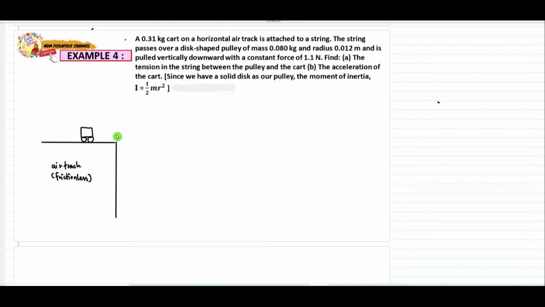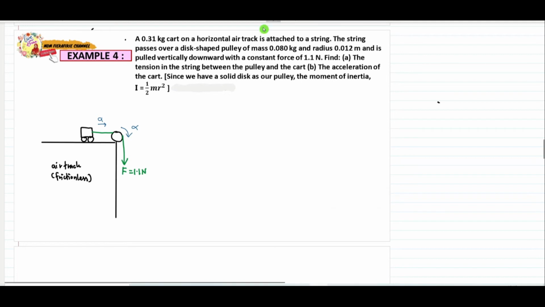And then we have a pulley here, and then we have a string. And we pull the string downward with an external force of 1.1 Newton. So that means the cart will move to the right with an acceleration of A, and the pulley will rotate in clockwise direction with an angular acceleration of alpha.